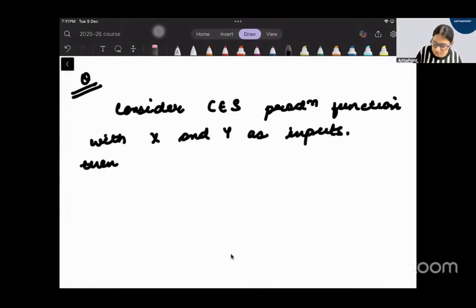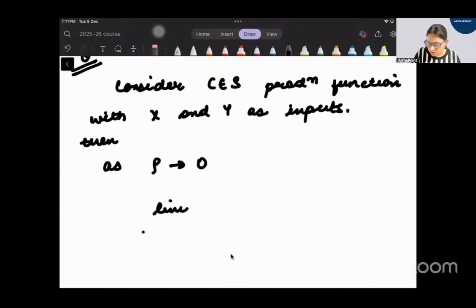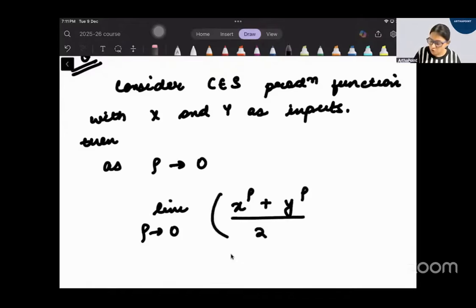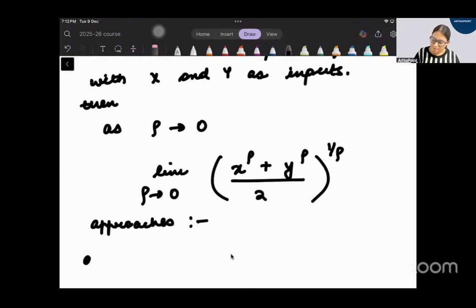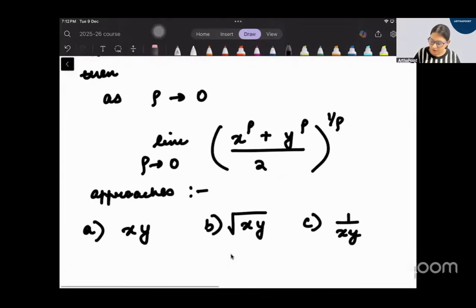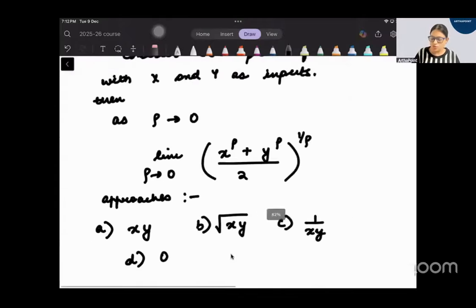Then as rho tends to 0, the limit as rho tends to 0 of (x to the power rho plus y to the power rho upon 2) to the power 1 by rho approaches, right? A: xy, B: root xy, C: 1 by xy, D: 0.